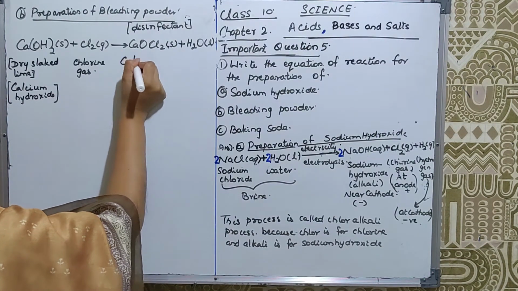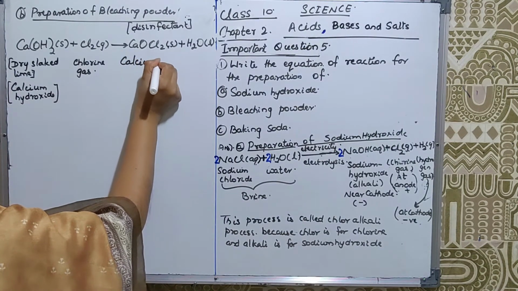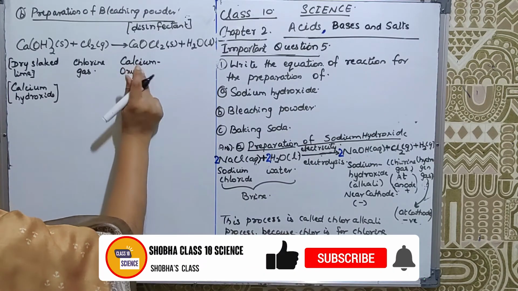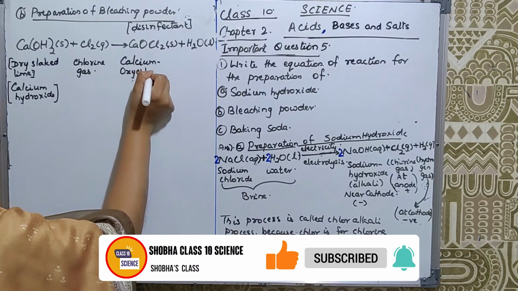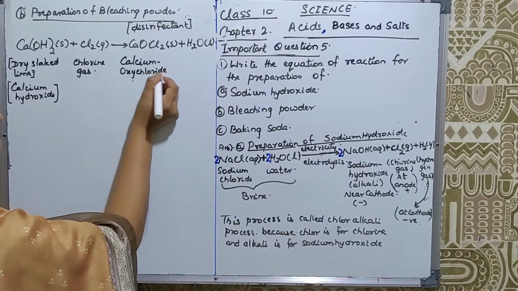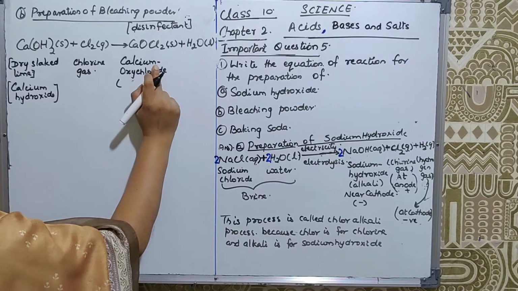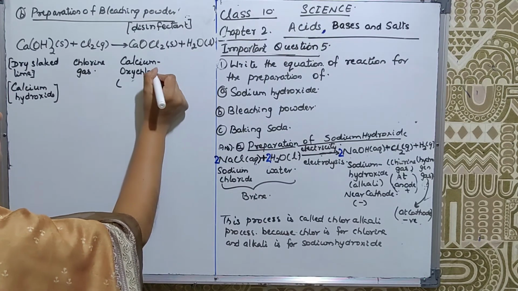Calcium oxychloride is called bleaching powder.